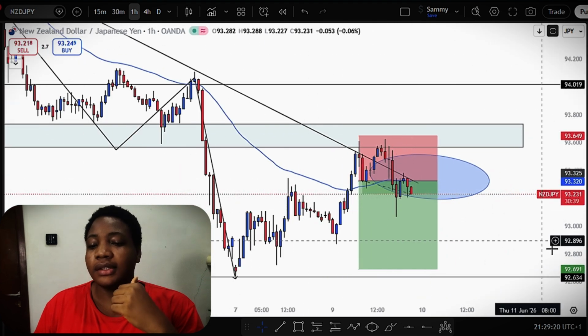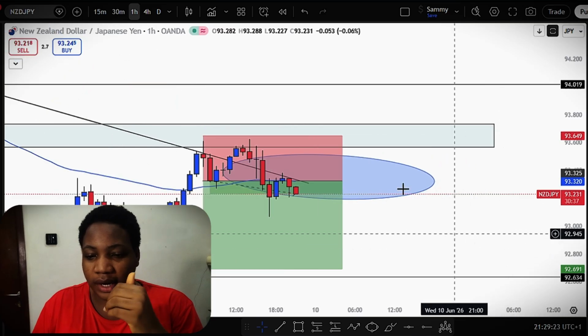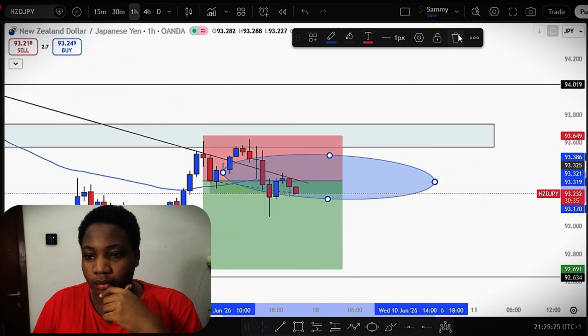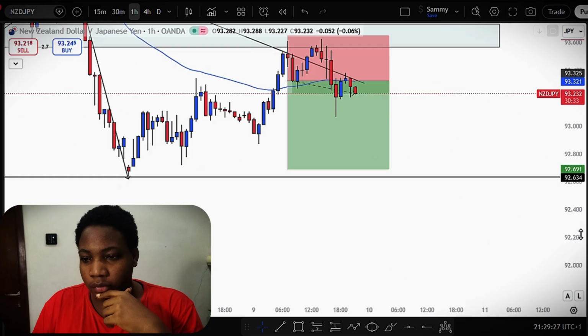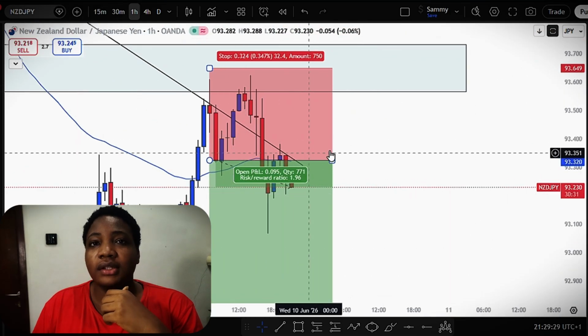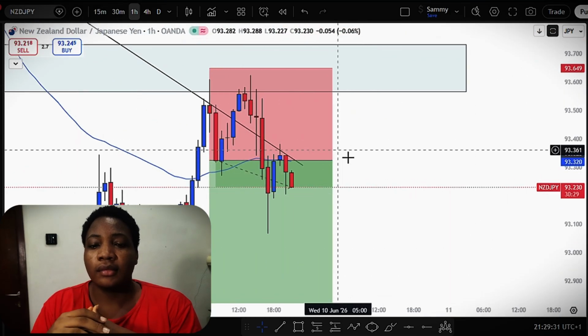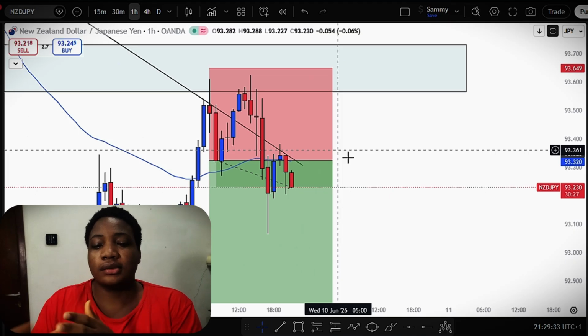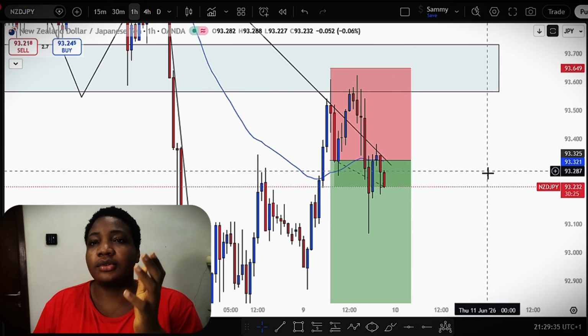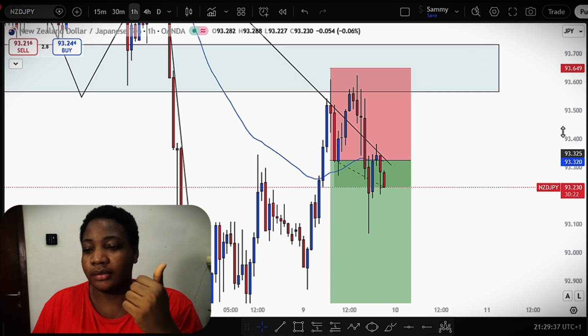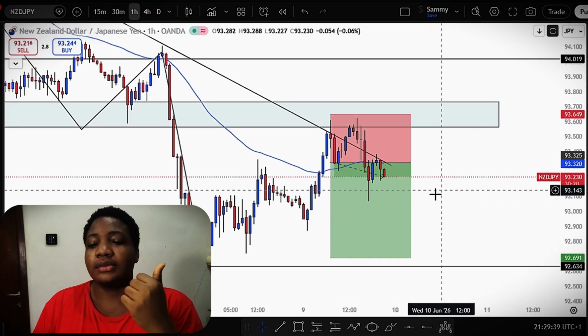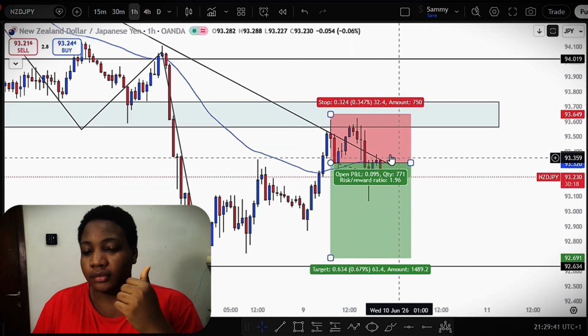Price is basically under the EMA line. Let me show you. Let me delete this. So we have it. Price is under the EMA line and touching it. What do you expect to happen? We expect it to sell. Basically, that is what is meant to happen.